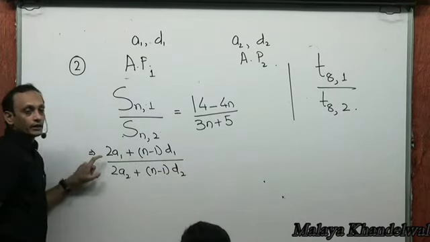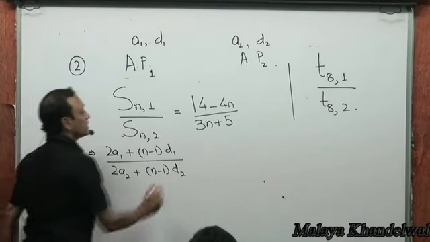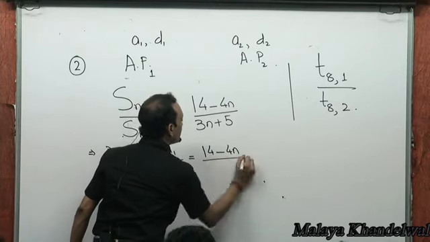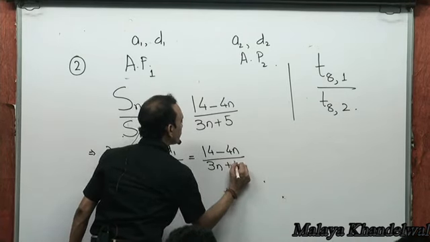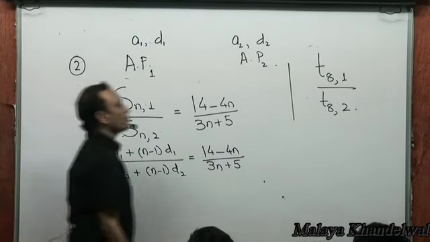That's the ratio of the sum of their first n terms, and that's equal to 14 minus 4n divided by 3n plus 5. Clear?